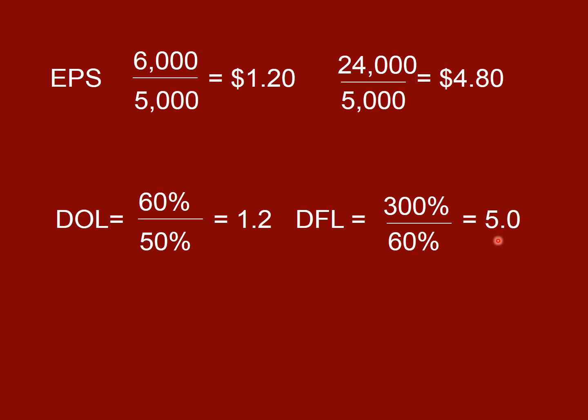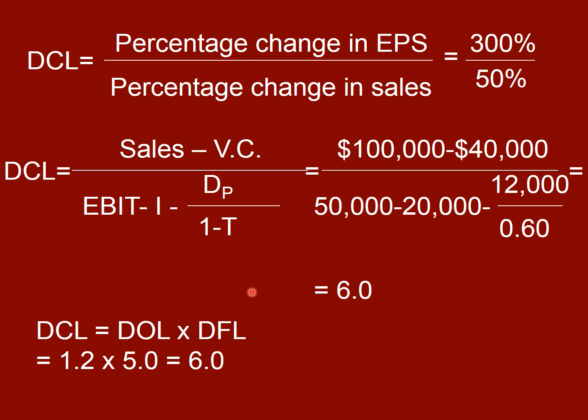That is big. So how do we arrive at the degree of combined leverage, or total leverage? There are 3 ways we can find it. One is to take the percentage change in earnings per share: a 50% change in sales caused a 300% change in earnings per share.